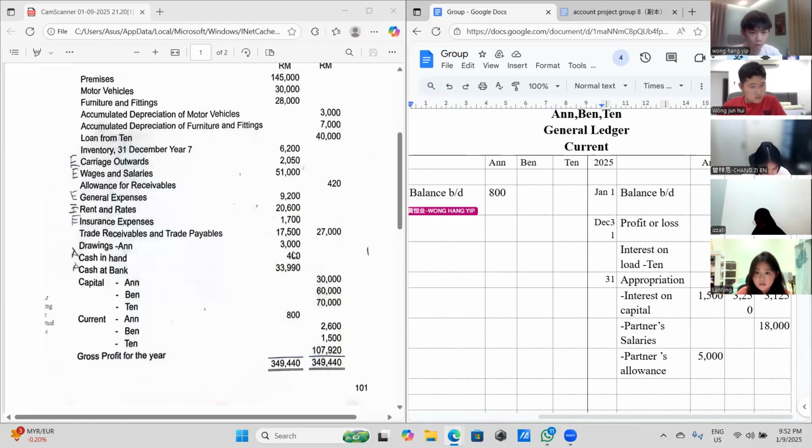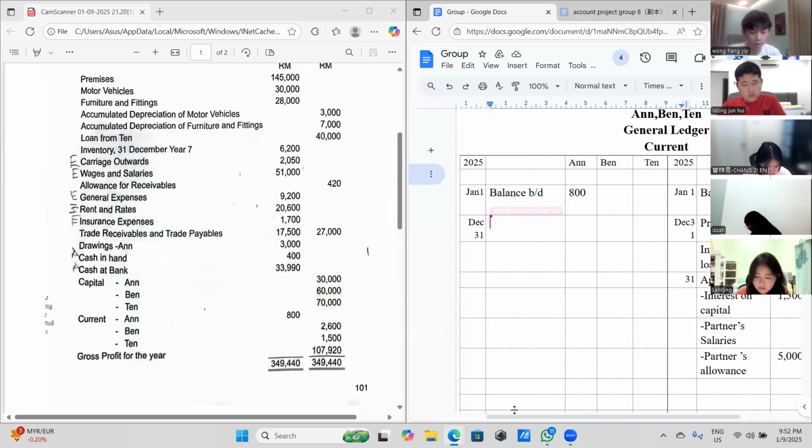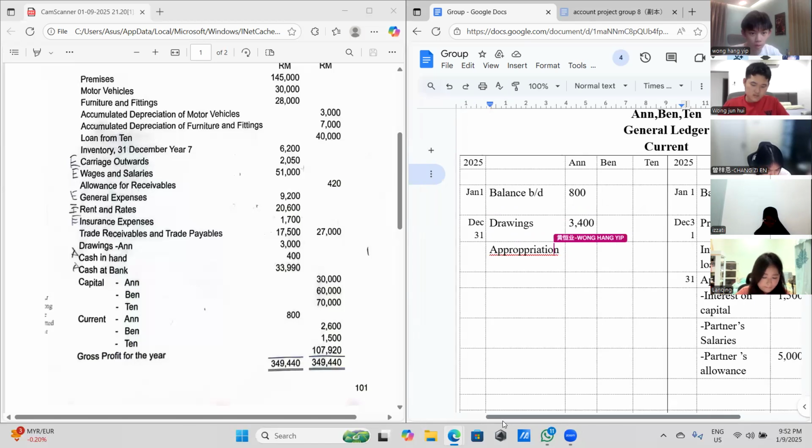And the debit side, we have the drawing from the N, which is 3,400. And the next one is appropriation. And that one is interest on drawing.